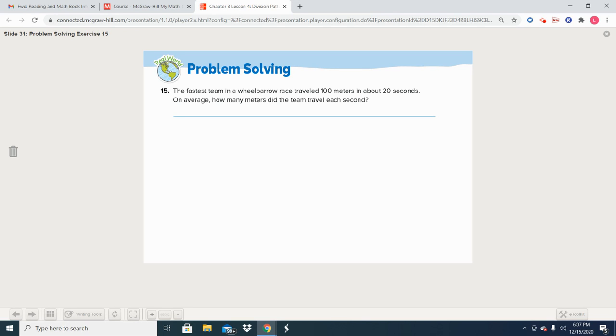The fastest team in a wheelbarrow race traveled 100 meters in about 20 seconds on average. How many meters did the team travel each second?